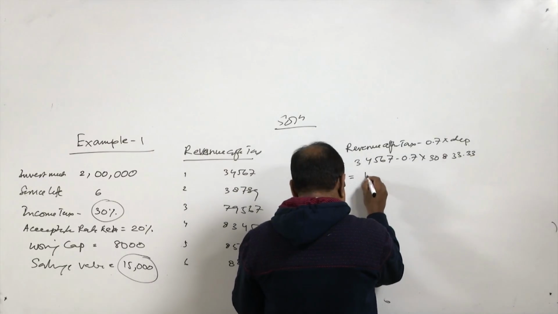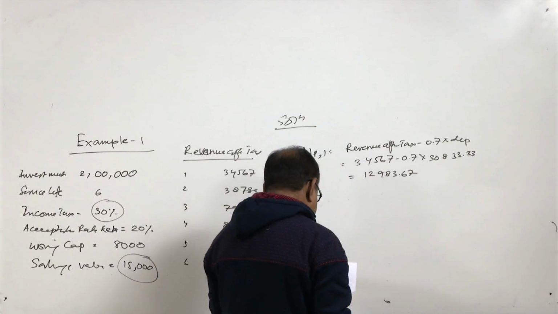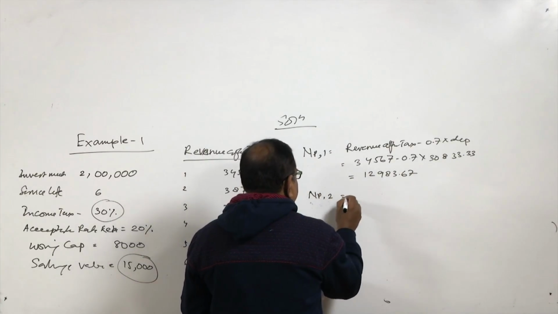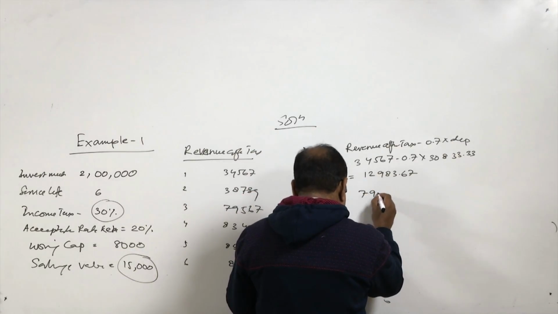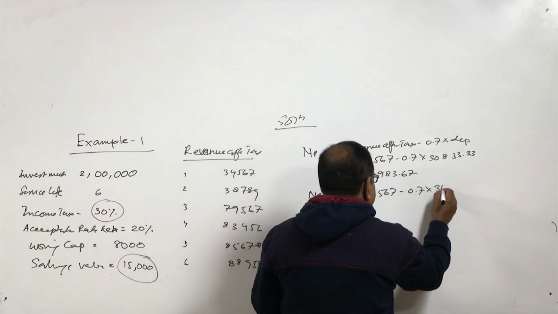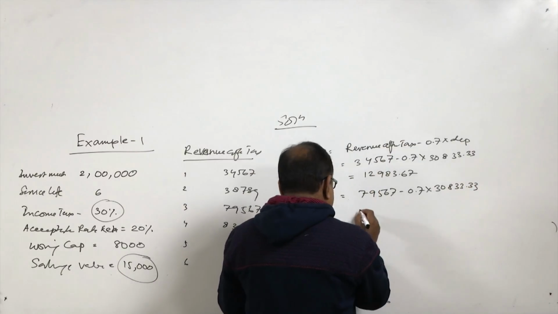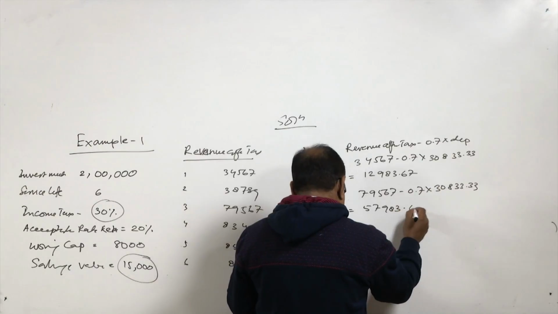This comes out to 12983.67. Similarly, NP2 will be 79567 minus 0.7 into 30833.33. This comes out to be 57983.67.